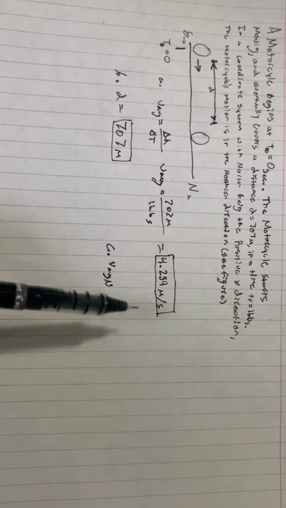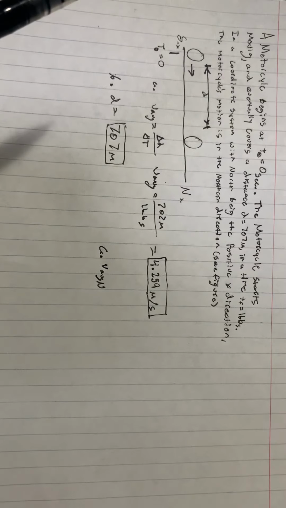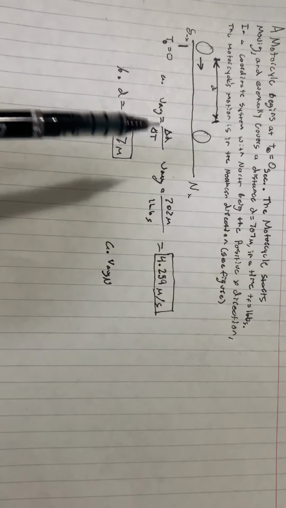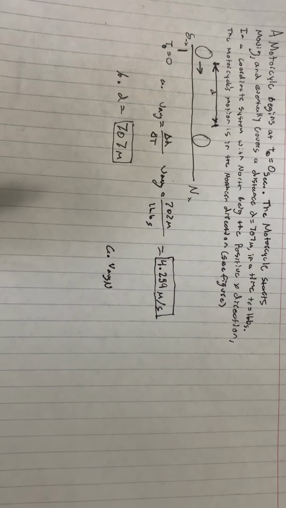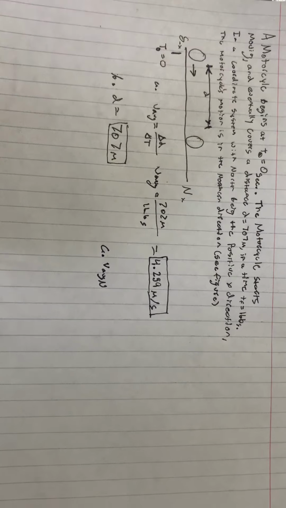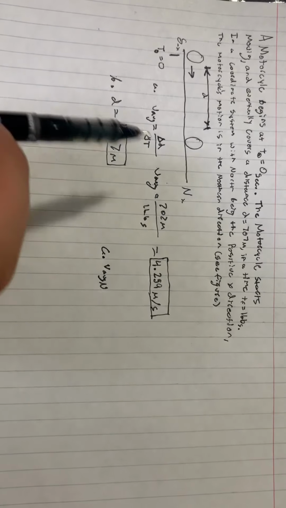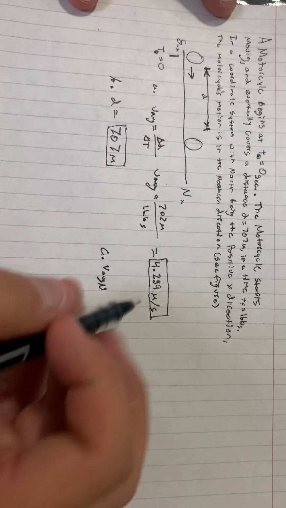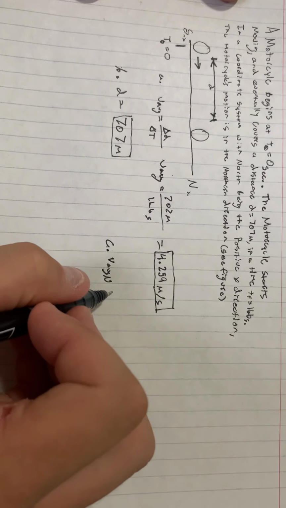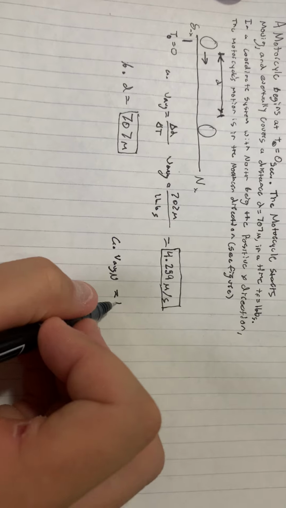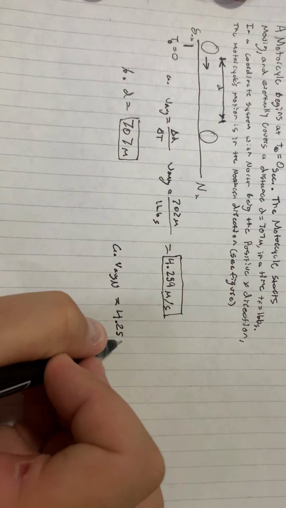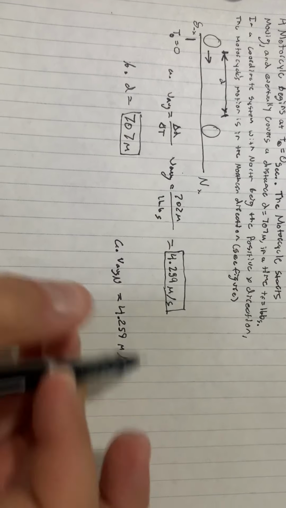We know that the velocity is the change in distance over change in time also, and it's going to be positive because it's moving in the positive direction. So we're going to get the same answer as A, which would be 4.259 meters per second.